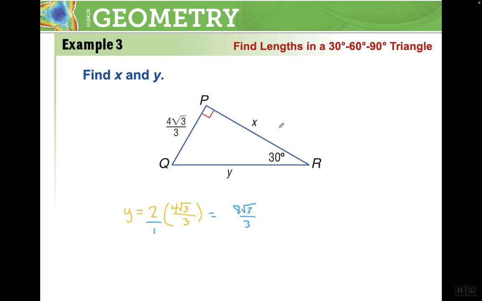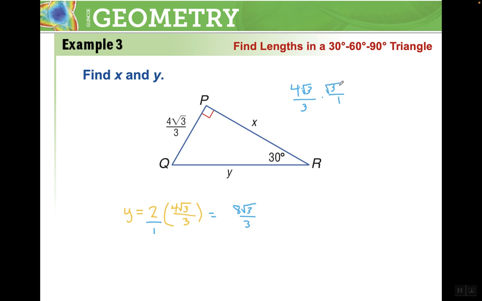And then for your x, that's equal to the shortest side times the square root 3. So we'll take our short side, 4 square root 3 over 3, and we need to multiply it by square root 3.